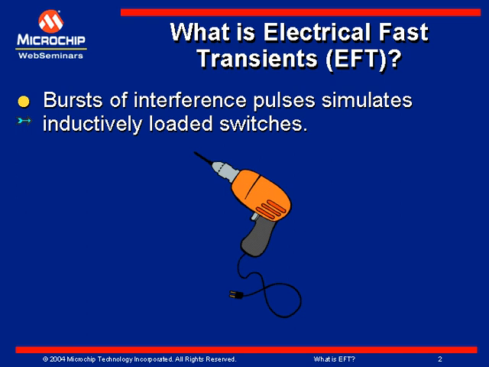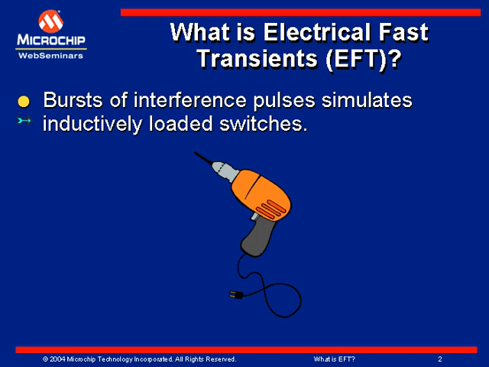Let us look at a simple example of a power drill. The electrical motor in most simple power drills is an inductive load. When you run your power drill, it generates lots of noise on power lines. Any other equipment on the same power line will be subject to that noise.